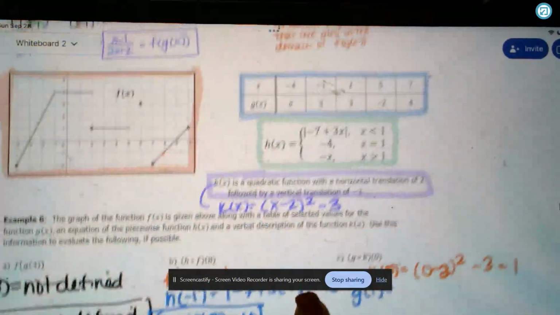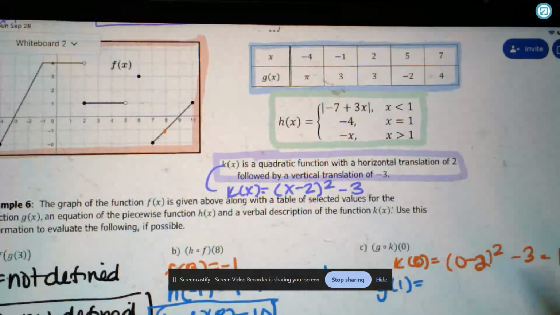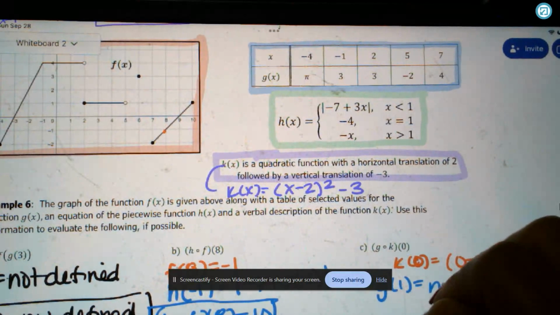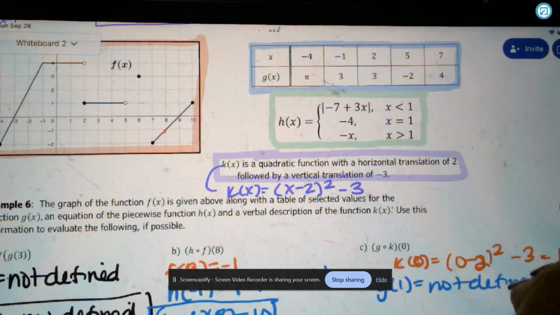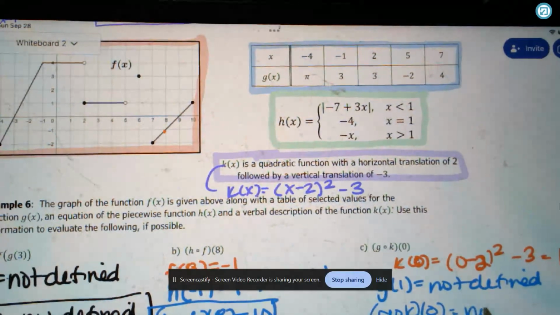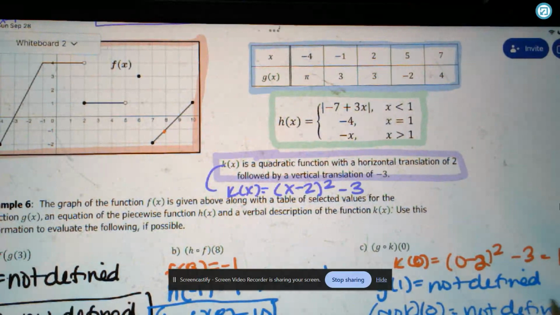Well, g of 1 is going to be up here. g of 1 is not defined. We don't have a value for g of 1. Therefore, we have to say that g of k of 0 is not defined.